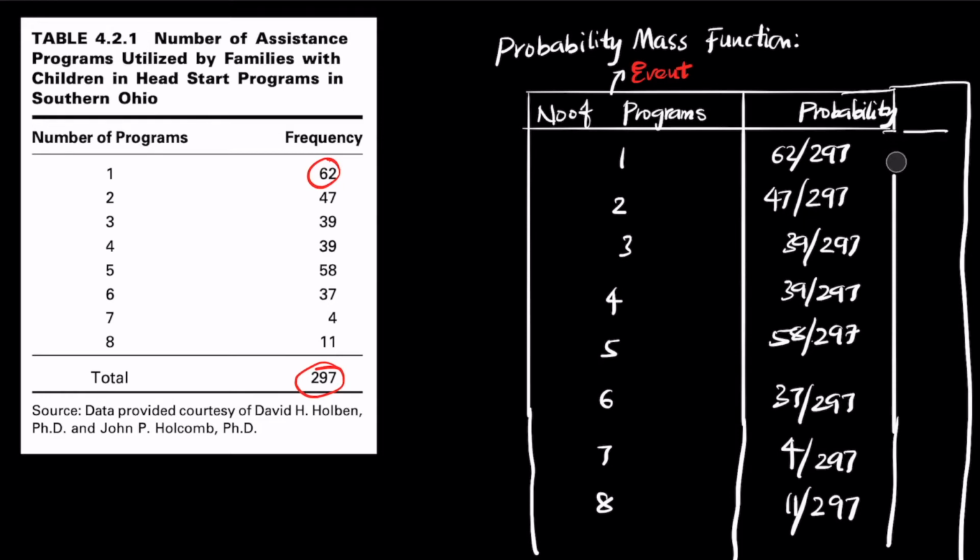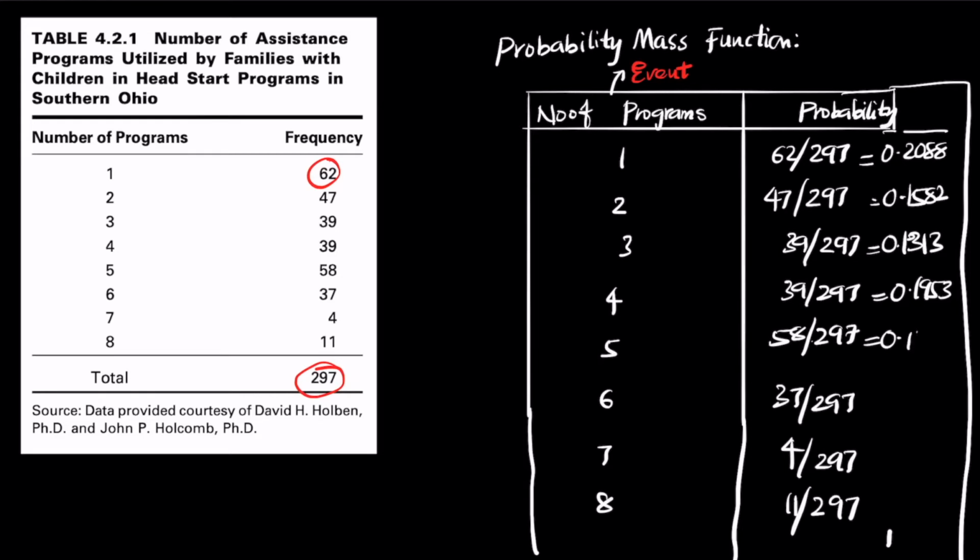If you calculate the values, you should get 0.2088, 0.1582, 0.1313, 0.1953, 0.1246, 0.135, and the last one is 0.370.